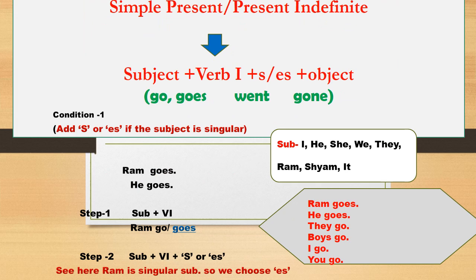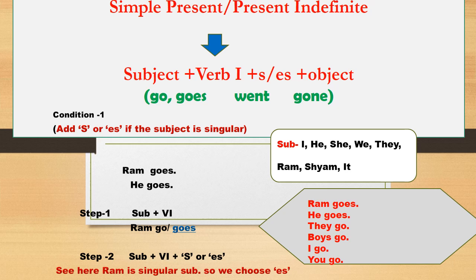Now moving further, now take one es form. Go. If I ask you to frame sentences with the word go, I know go, goes, went, gone. According to the structure, I want to talk about Ram, so I have taken Ram as my subject, and in the first form it is given go, also goes: go comma goes. I've already told you that with the singular subject you have to add s or es.